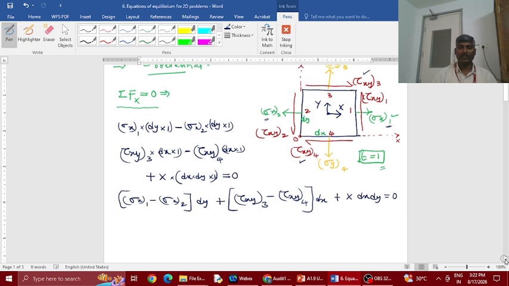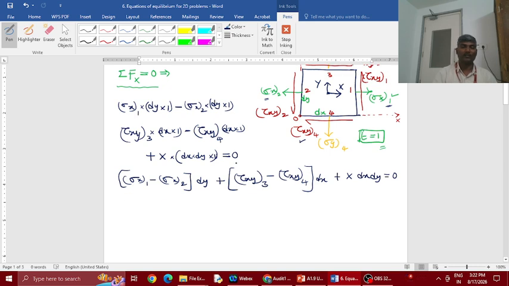Now divide this equation with the area of the element, so divide the above equation with dx dy.